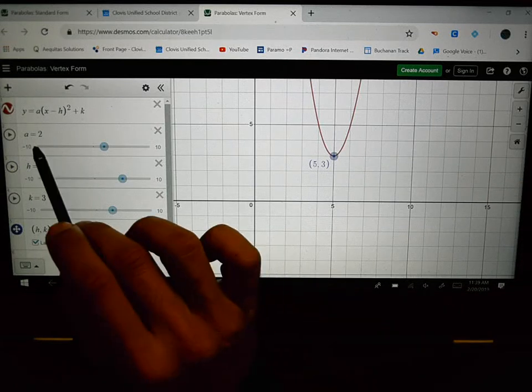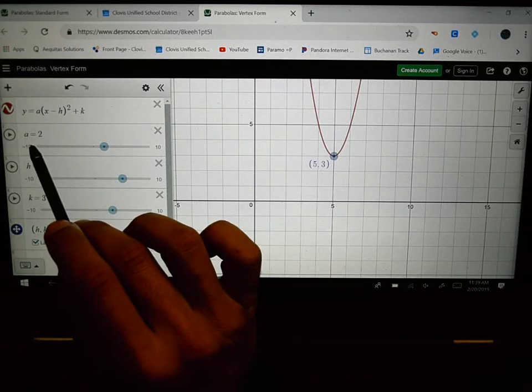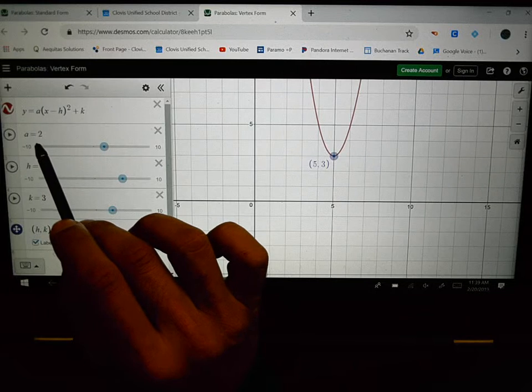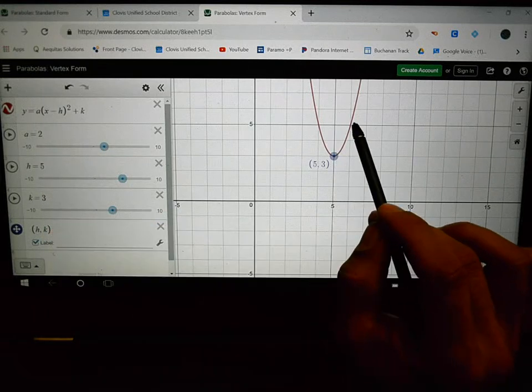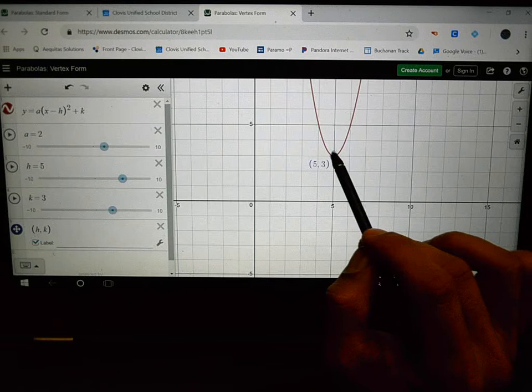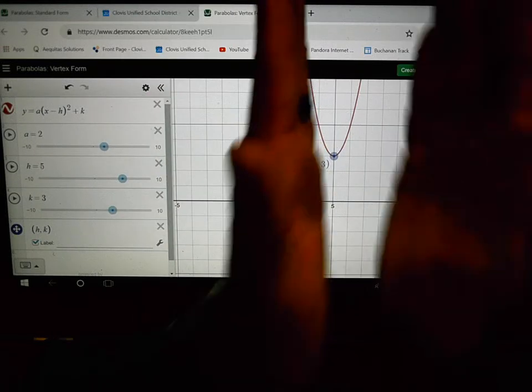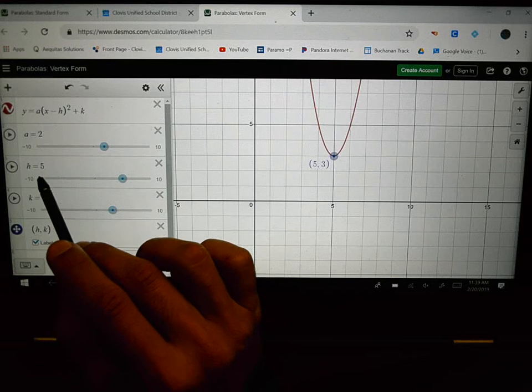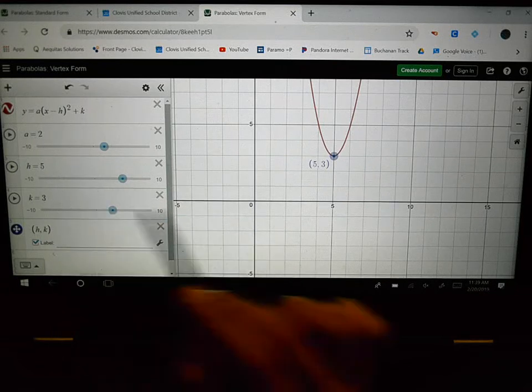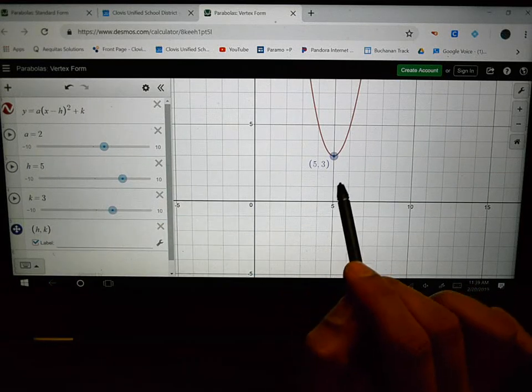If you remember what the A value did in section 1, you'll notice that this is a little bit skinnier than a x squared graph. It's more narrow.